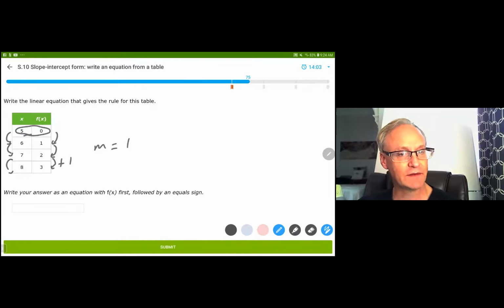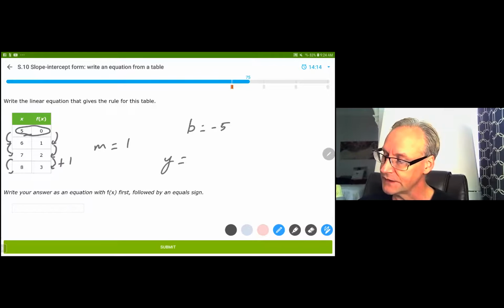I have to subtract 5 in every case. Hopefully you can see where I got that. If you can't, you can always do the y equals mx plus b and so on. I'm just going to have y equals x minus 5. Because I knew the slope was 1, I knew I had to subtract 5 in order to get the y values or the f of x values. And of course, f of x and y are interchangeable.